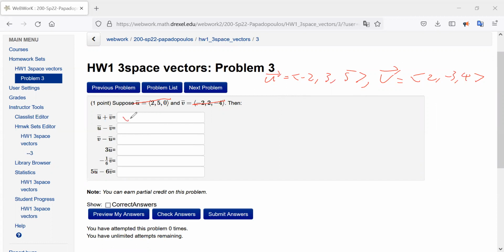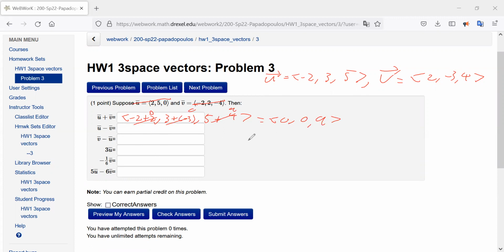So that becomes negative 2 plus 2 in my x direction, negative 3, or 3 plus negative 3, and 5 plus 4. So that is going to, this is 0, and this last one is 9. So we get 0, 0, 9.